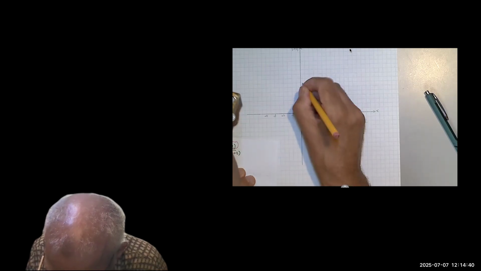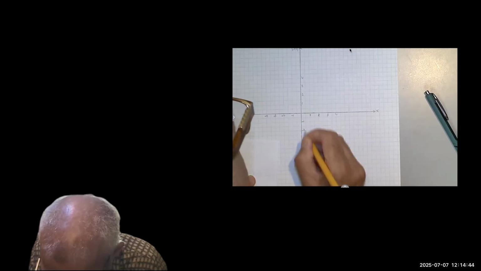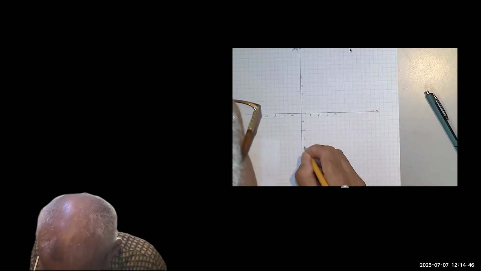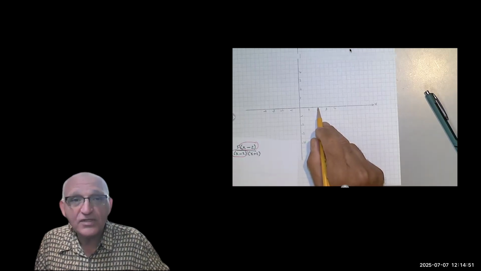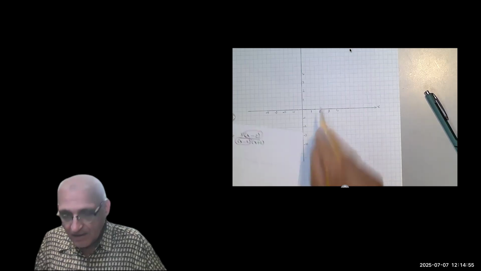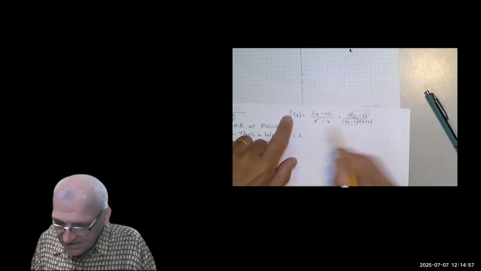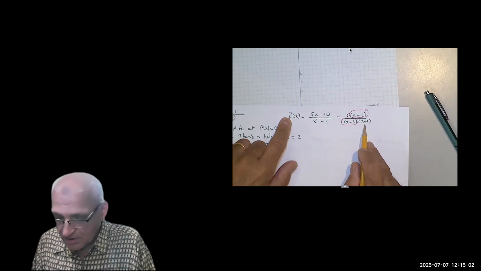At x equals 2, if the hole didn't exist, where should the y be? Notice that the y is now 5 divided by x plus 2.